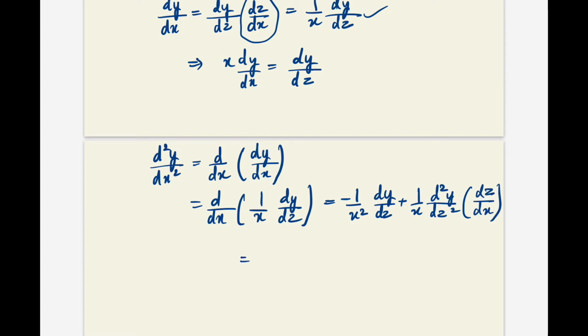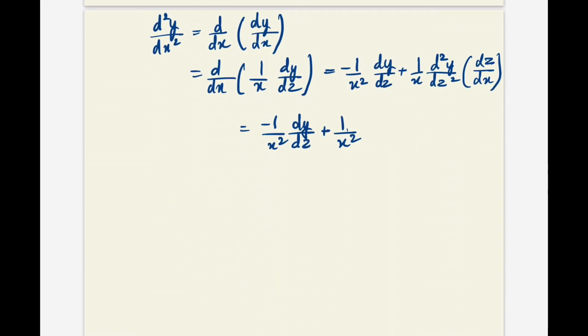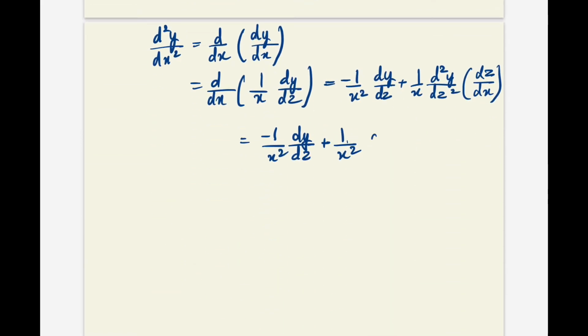Okay, now simplifying more, dy by dz plus 1 upon x square, dz by dx is what? Dz by dx is 1 upon x. Substituted that, we get the following, d2y by dx square.